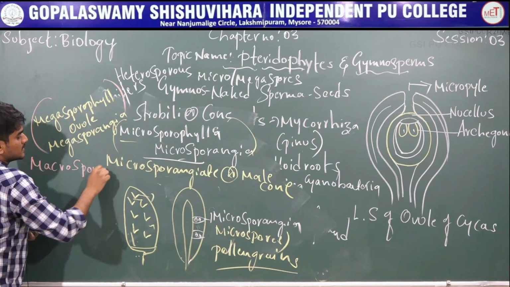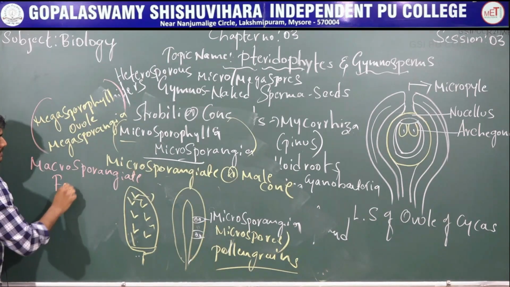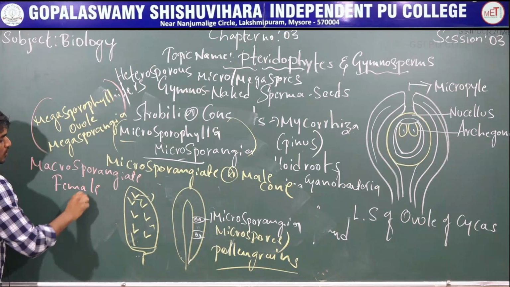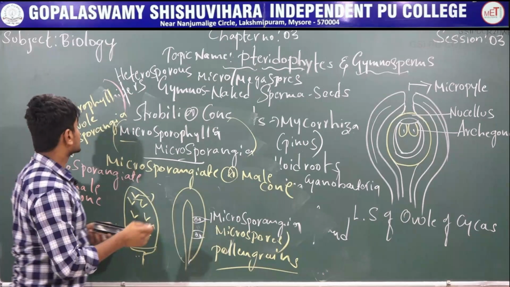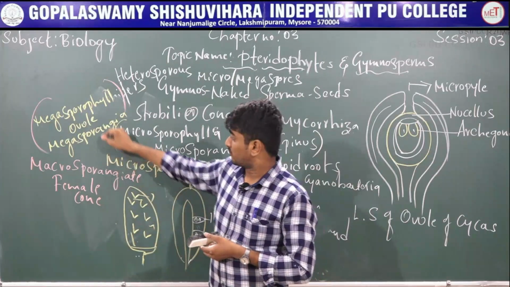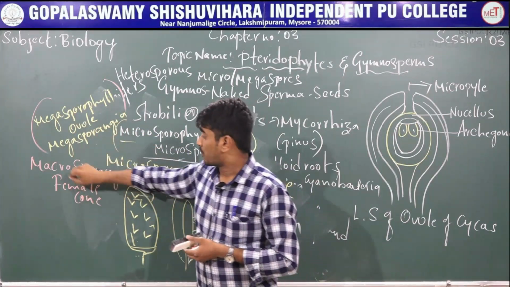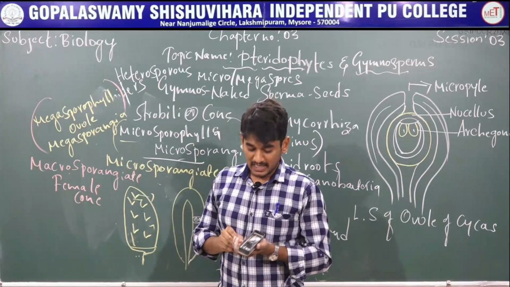It's also called female cone. Okay, if the cone bears megasporophyll along with ovule, also called megasporangia or megasporangium, it is called macrosporangiate or female cone.